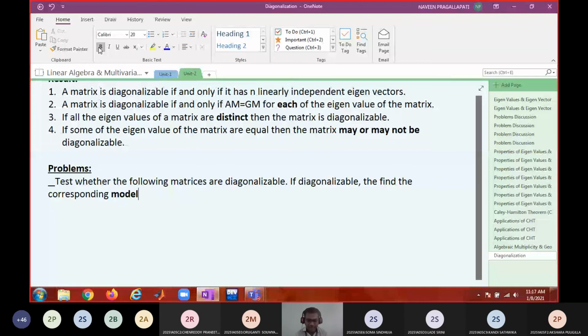What are these model and spectral matrices? P inverse and P? I'll tell you.